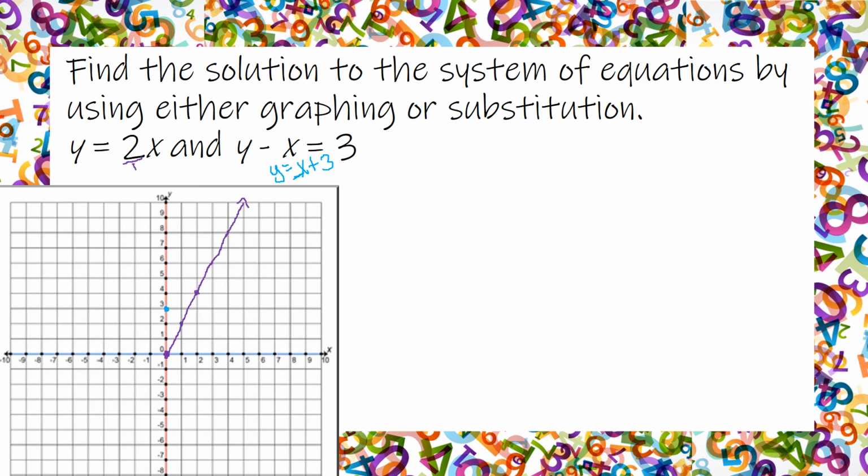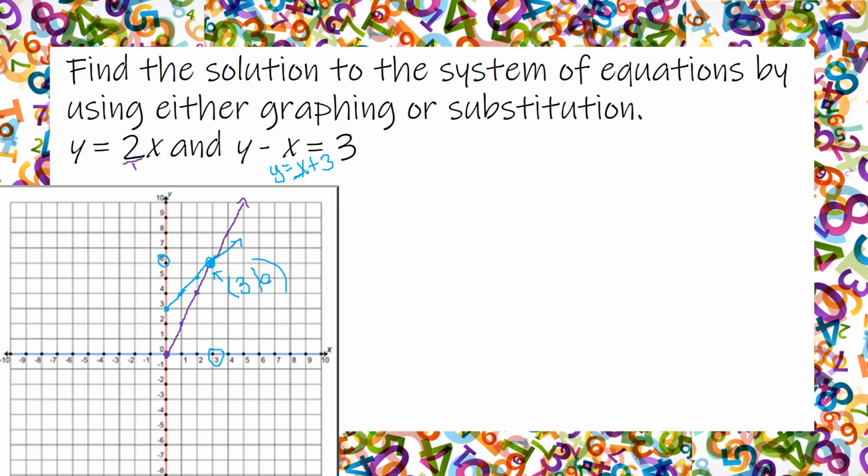So I'm going to go up to the right 1, up to the right 1, up to the right 1. So it shows me my intercept is here. So that's my solution. So I'm going to look at my x value, it's 3, and my y value, it's 6. So I think 3, 6 is my solution.